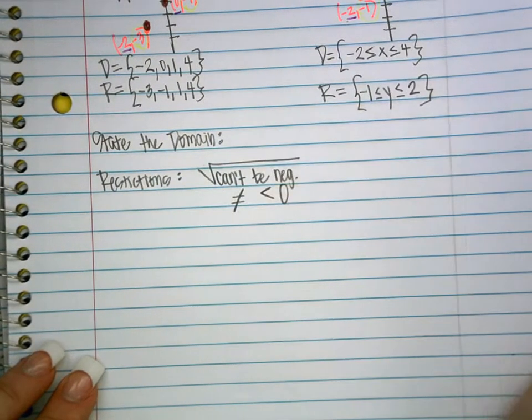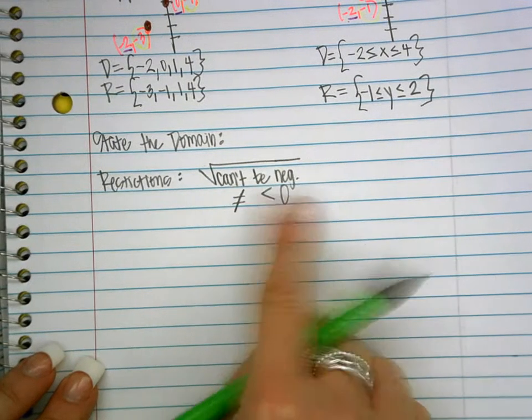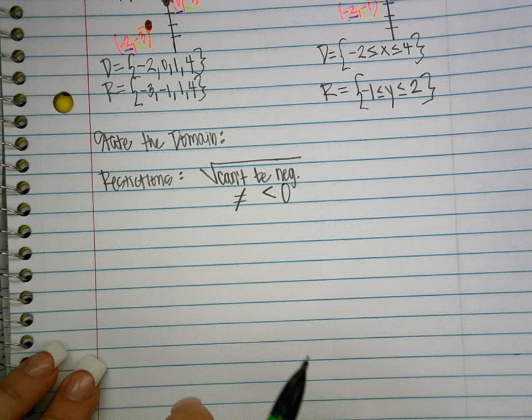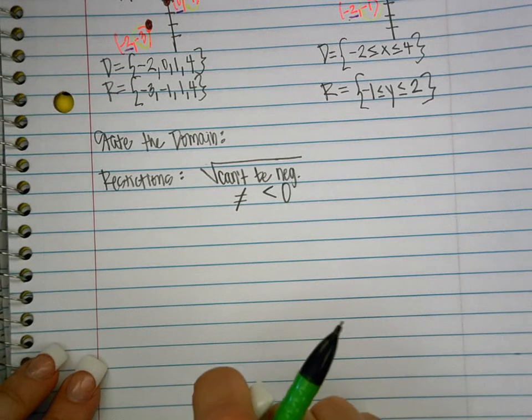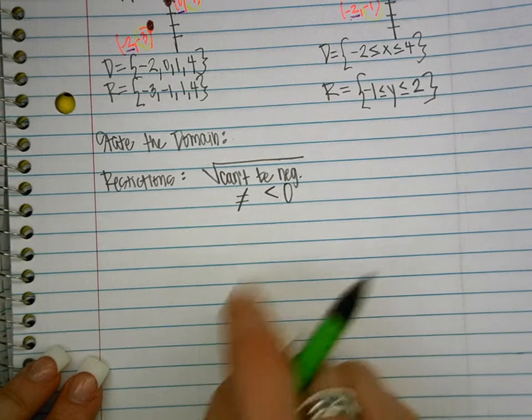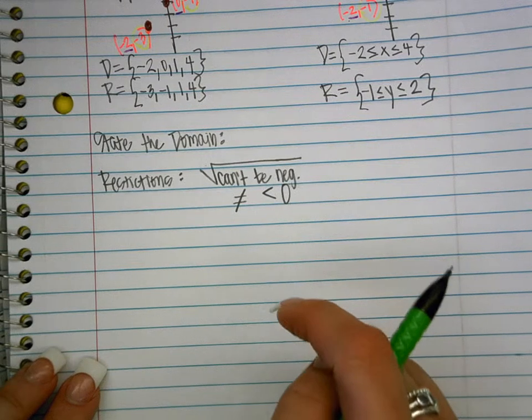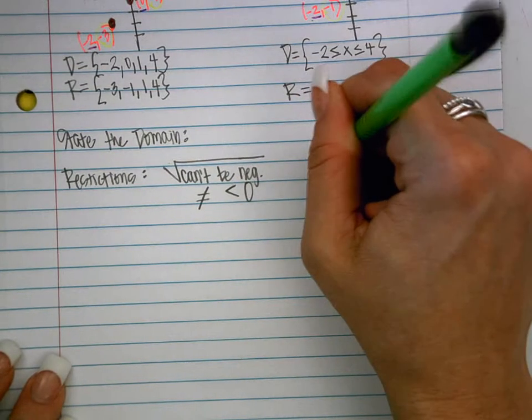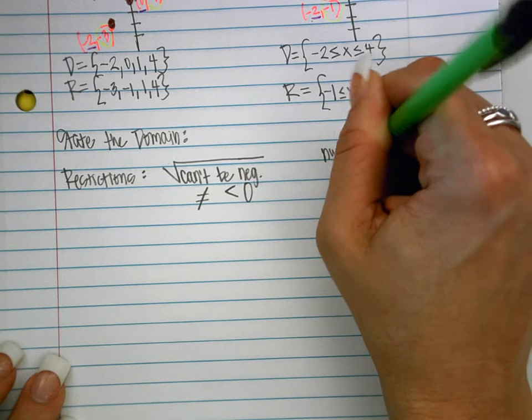Okay? So nothing underneath a radical can be less than 0. Can it be equal to 0? No. Yes. Wait, what? Underneath the radical can be equal to 0 because you can do that problem. But you can't take the square root of a negative. Okay? The other restrictions you have is if you have a fraction and you have a numerator and a denominator.